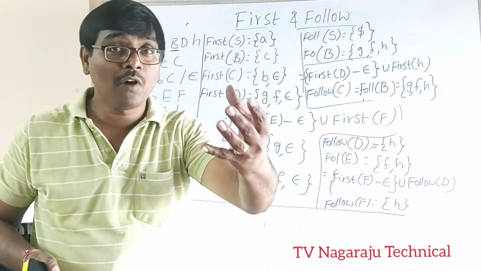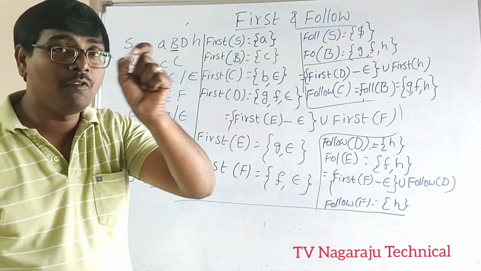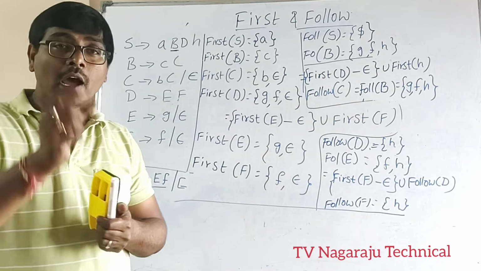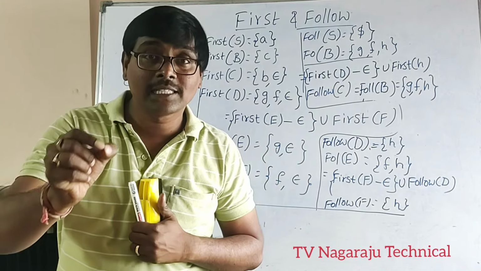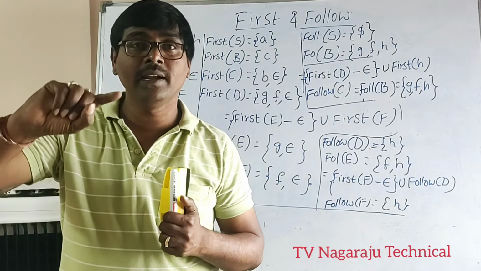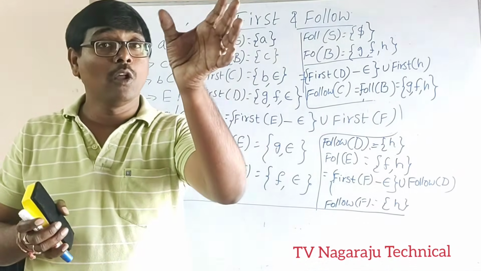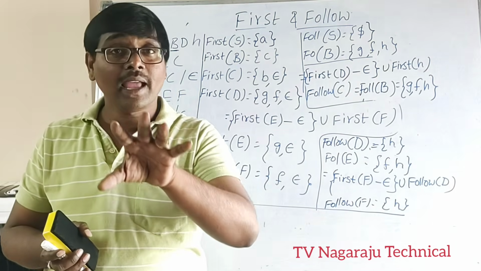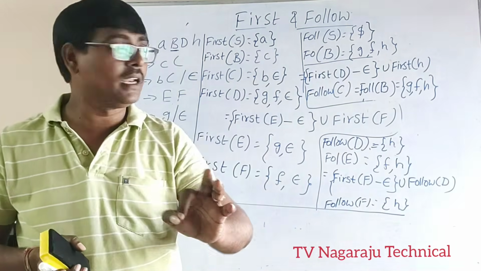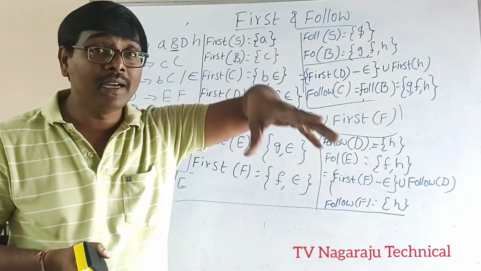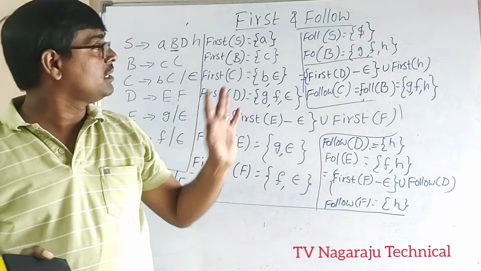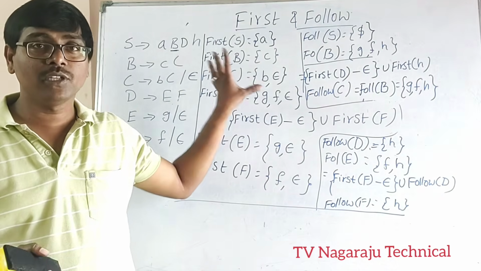But in case of follow, we need to check the follow of that non-terminal in all the productions of the RHS. If the symbol is followed by a terminal directly, that is the answer. If followed by a non-terminal, then you need to calculate first. After calculating the first, if it does not contain epsilon, directly the answer is there. If it contains epsilon, again move to the next one. So this is the way to calculate first and follow.